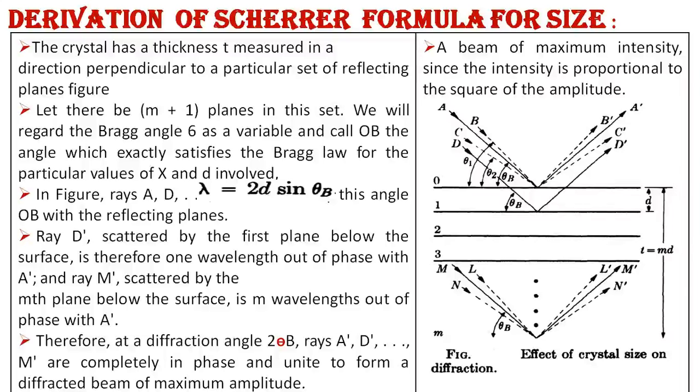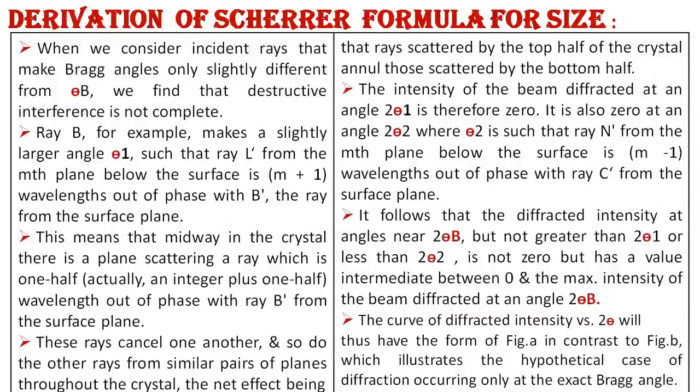Therefore, at a diffraction angle 2 theta B, rays A', D' and M' are completely in phase, and unite to form a diffracted beam of maximum intensity, since the intensity is proportional to the square of the amplitude. So the following diagram shows the effect of crystal size on diffraction.